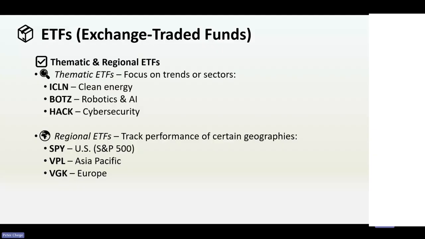So you find the companies within that ETF invest in clean or renewable energy. Then we have BOTZ. They are robotics and automation, that is AI. So most stocks that deal with robotics and AI, you find them at BOTZ. Then there is HACK. This is on cybersecurity.